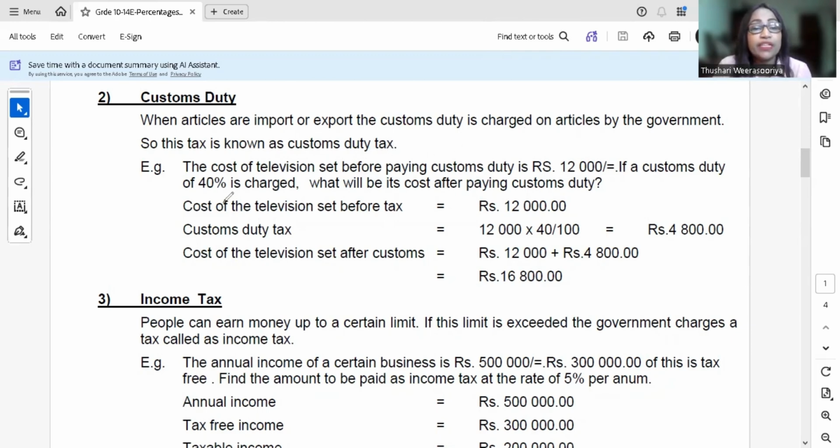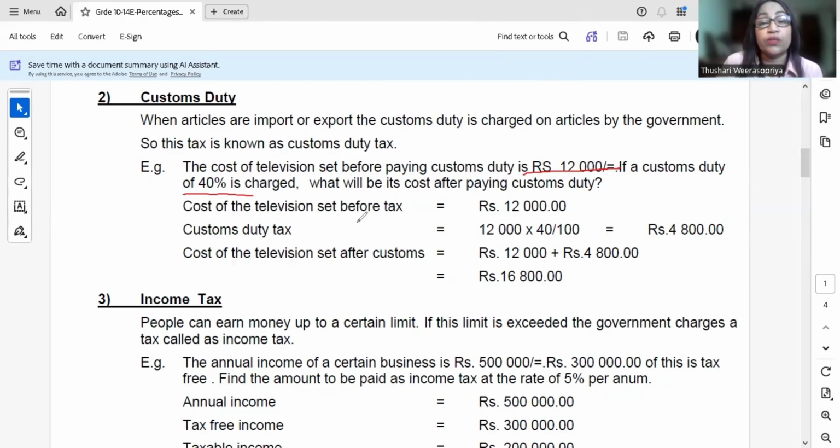Right. Now, example, somebody is bringing a television set from abroad. Right? The cost of the television set before paying the customs duty is 12,000. For 12,000 rupees, he has bought the TV. Right? When it comes to the customs duty, he has to pay 40% on that amount.